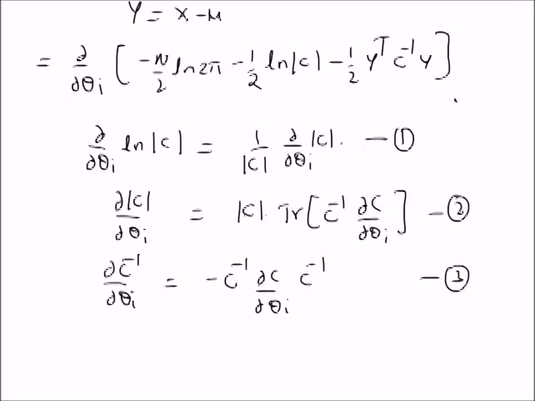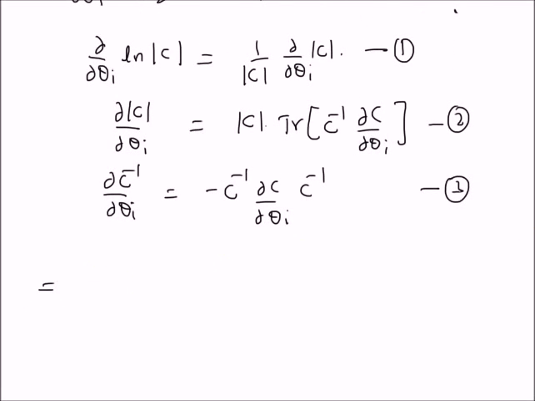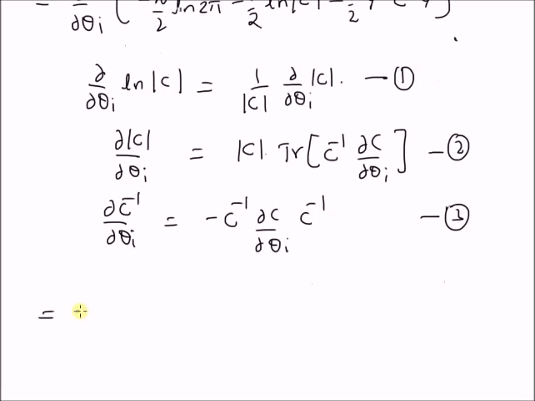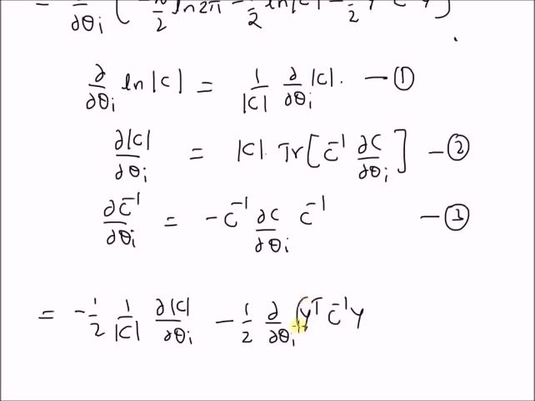So by using these three formulas, we clearly have the derivative of the first term is 0 since it is independent of theta. For the second term, we have minus 1 by 2, 1 by determinant of C, into the derivative of the determinant with respect to theta i, minus 1 by 2 the derivative of the product y transpose C inverse y.